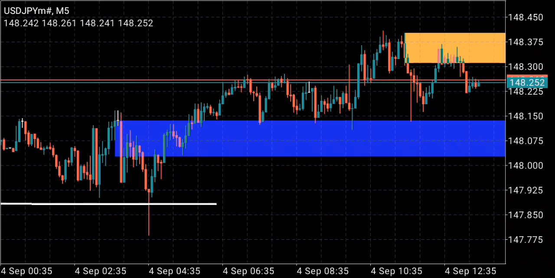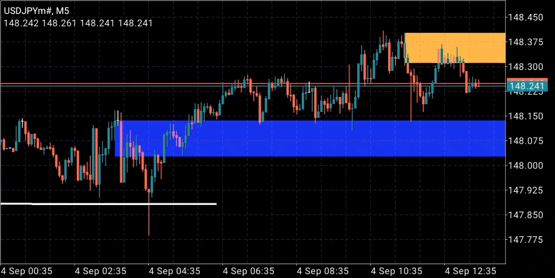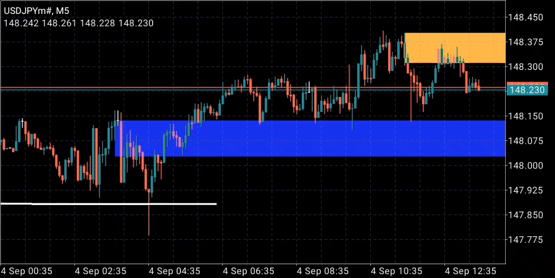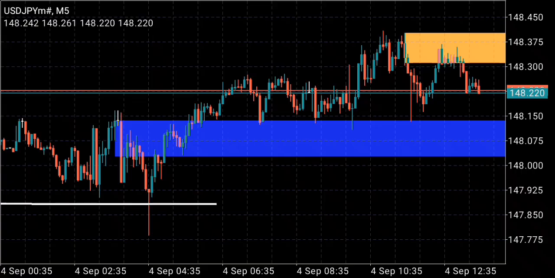Some will say it's support because before price went above it, that area seemed like some kind of resistance, and some others will say it's a breaker, of which both cases are correct.